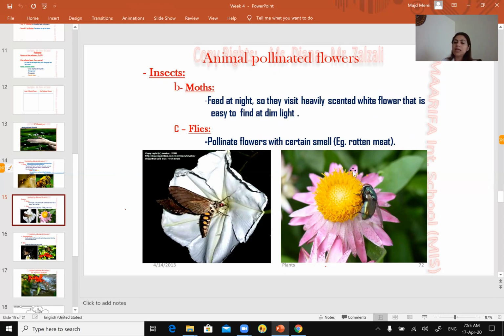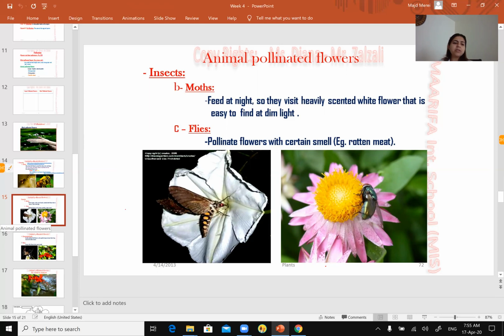Flies, the second best pollinators after bees, pollinate flowers with certain smell, and usually it is not a nice smell, such as, for example, where you can notice the flies all the time, near the garbage or things with rotten smell, such as rotten meat.